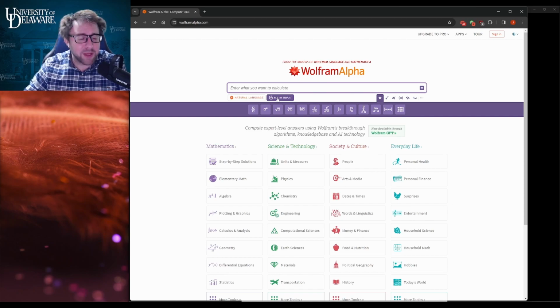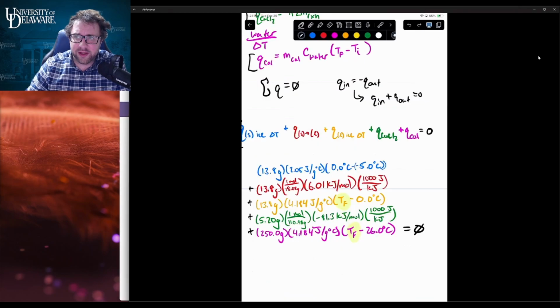Normally, I would use something called Maple, but Maple is not super accessible to students. It is free to you, but you have to remote into one of Delaware's virtual computer labs, which is kind of annoying. So if we look at our problem here, this really isn't too bad. We don't have to do any calculus or any differentials.